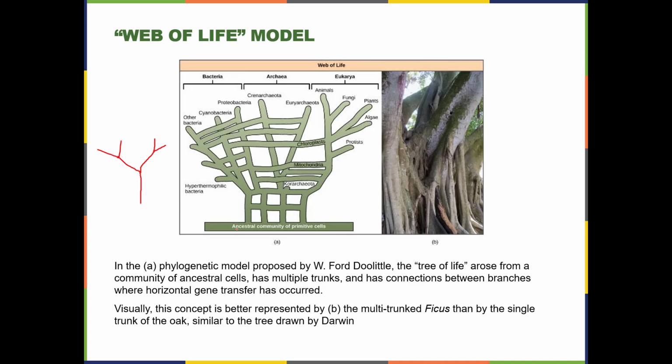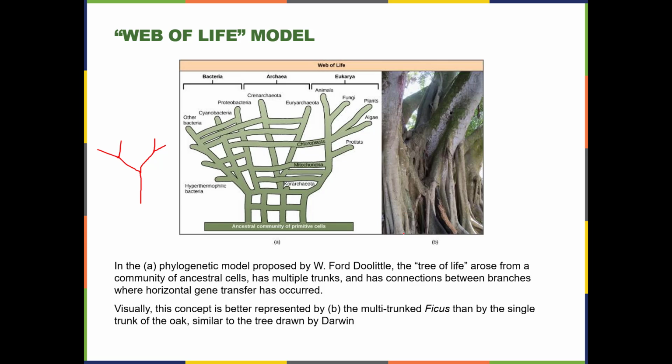But what's probably more correct, although we are still going to draw our trees kind of according to this simplistic model, is there's a tree called a banyan tree or a ficus tree, and they have these kind of complicated trunks. It's not just a single trunk, it's more multiple extensions at the trunk.